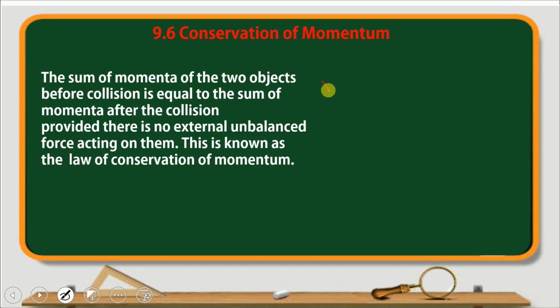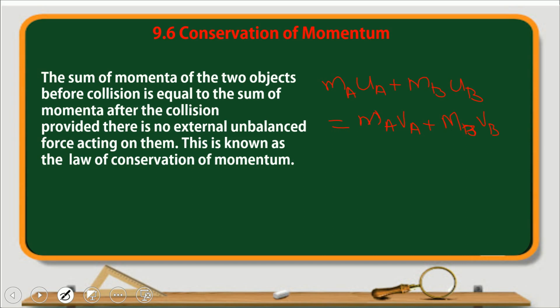Before collision means MAUA plus MBUB. This is the total momenta, the sum of momenta of two objects before collision, is equal to the sum of momenta after collision. After collision means MAVA plus MBVB. Understand? That much only.